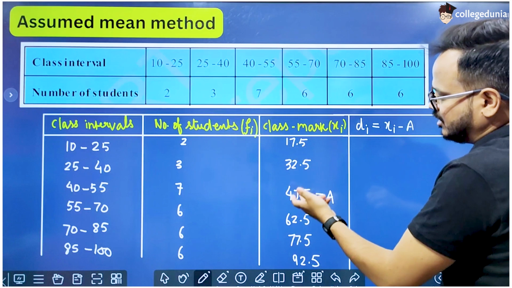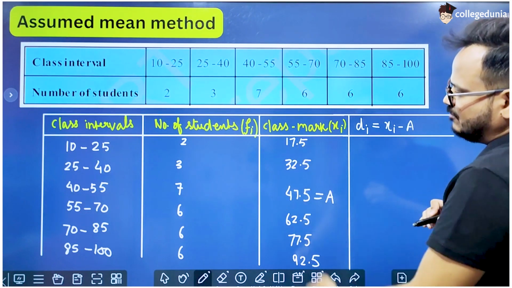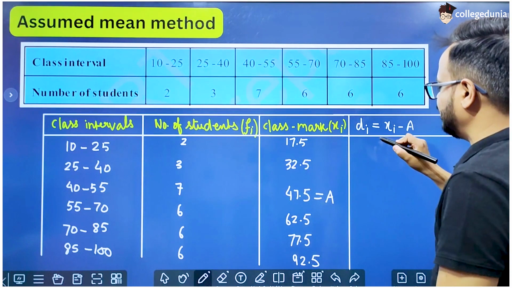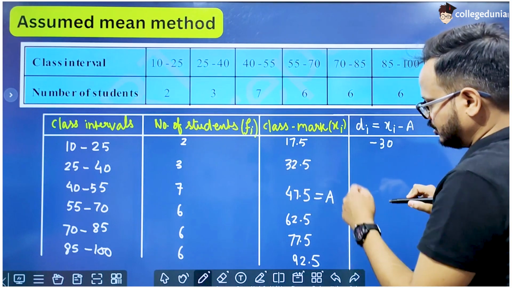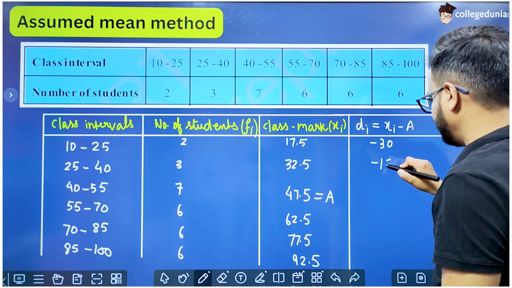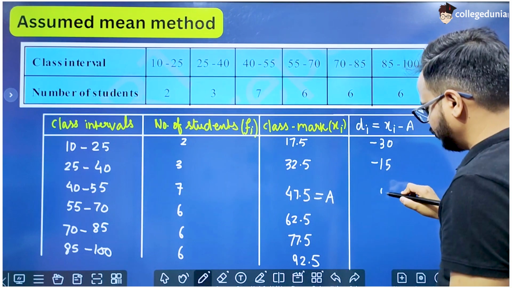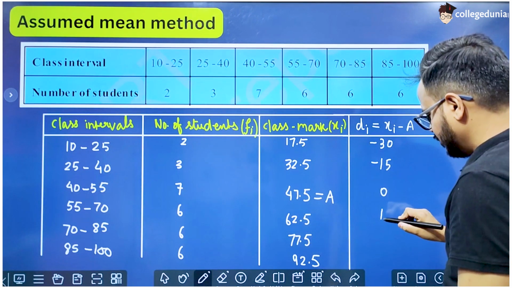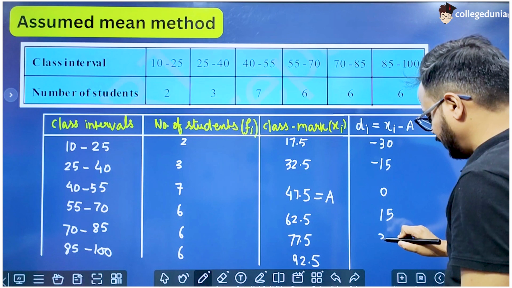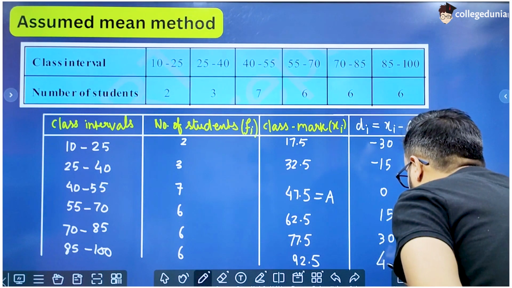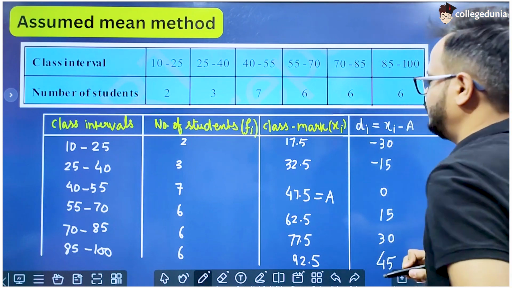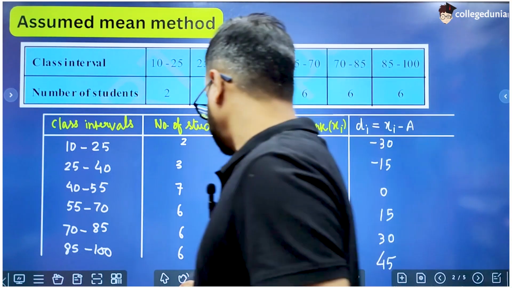When we subtract 47.5 from 17.5, obviously we get negative 30. Subtract this also, you get minus 15. Subtract this also, you get 0. Subtract this, you get plus 15. Subtract this, you get plus 30, and subtract this, you get plus 45.